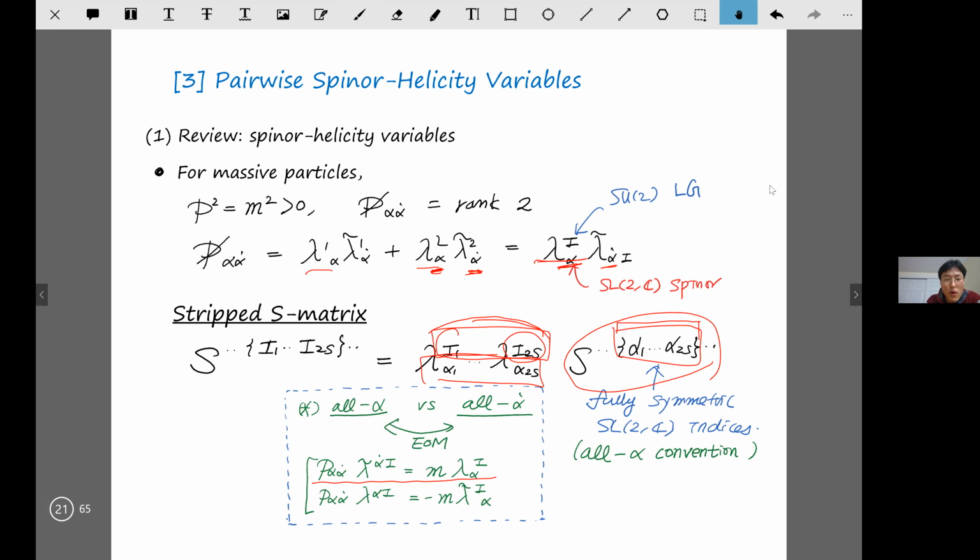So for example, if you had an alpha prime index, you can rewrite it in terms of an alpha index by just using this equation. So you can choose to express your stripped S matrix either in terms of all alpha indices or in terms of all alpha prime indices. So today I'm just going to be using only the all-alpha convention, just for the sake of it.